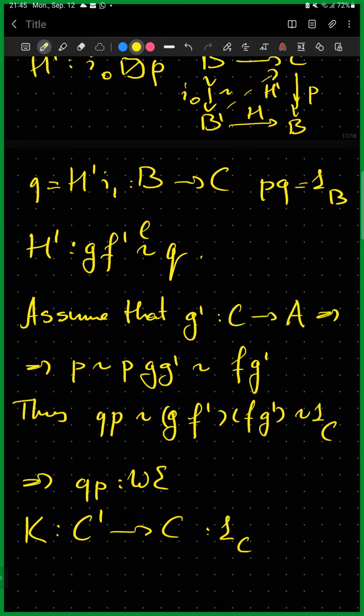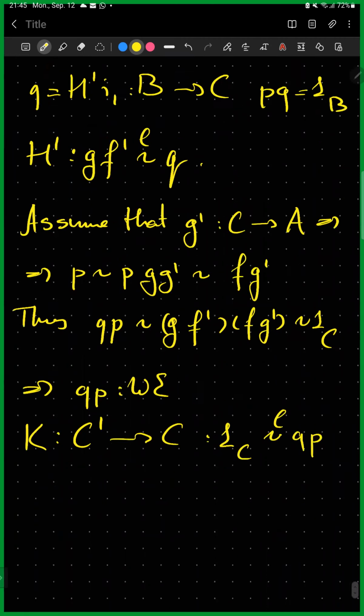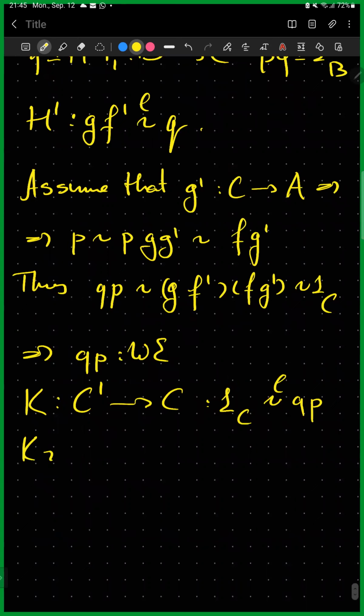However, assume that K is a homotopy between the identity on C and QP, then K i0 is equal to the identity on C, hence it is a weak equivalence. And i0 is also a weak equivalence because it is an inclusion of the bottom of the cylinder into a cylinder.